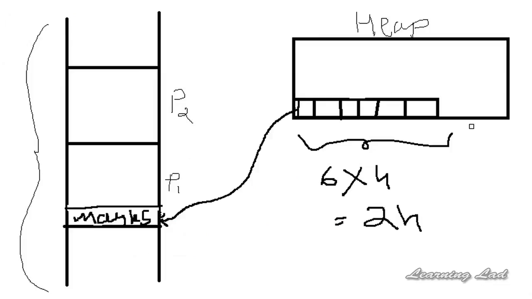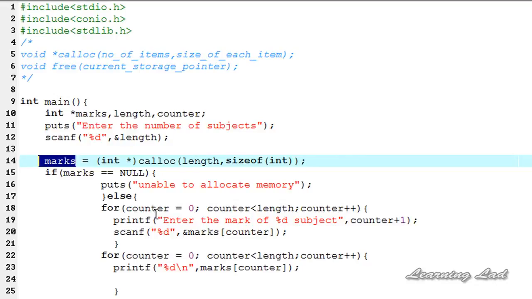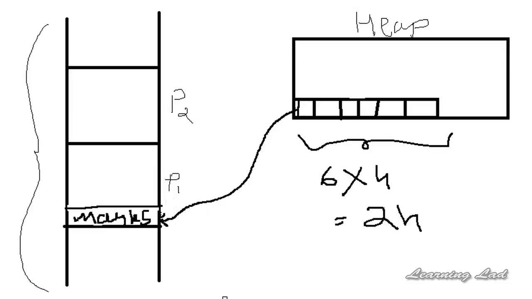So when we assign the values to these locations, as we did here by asking the user to enter the values, the values will be stored here. So 35 will be stored here, 45 will be here, and similarly 55, 65, 75 and 85 will be stored at the end.